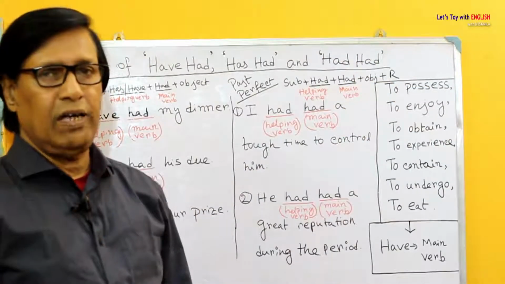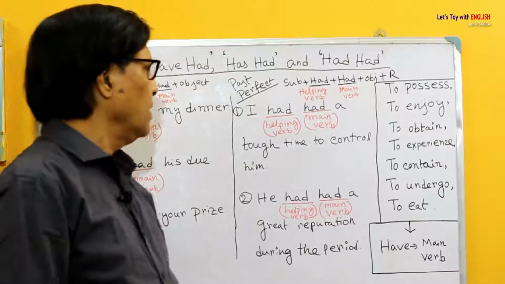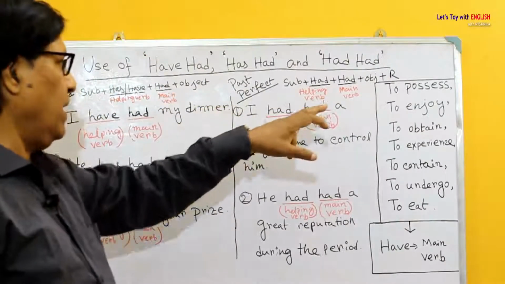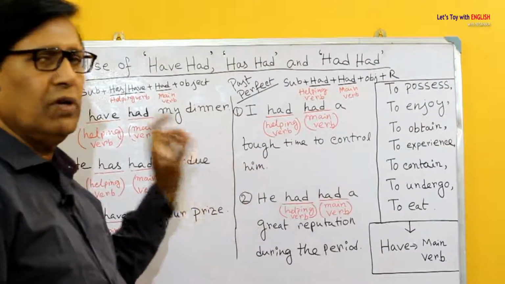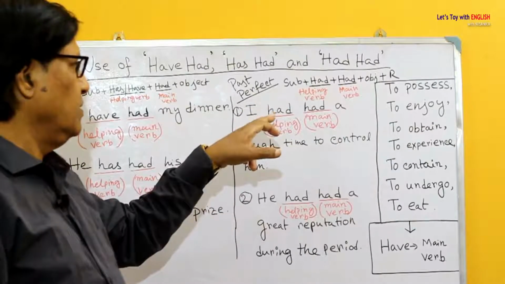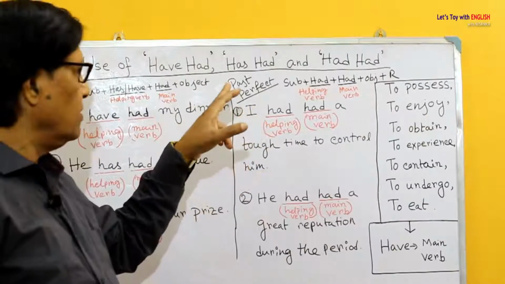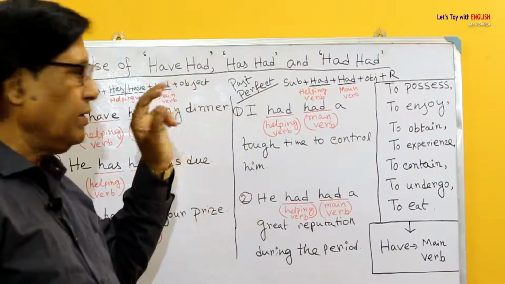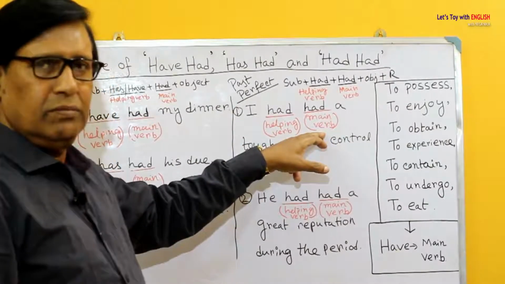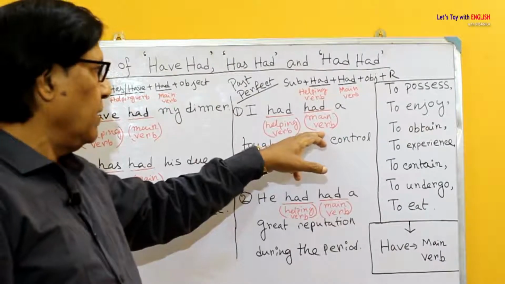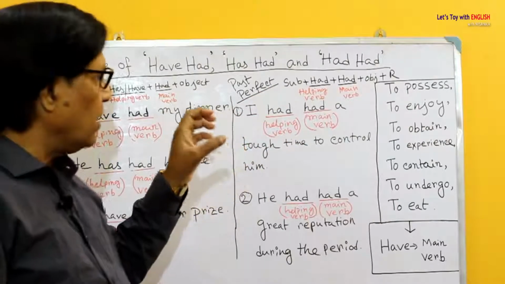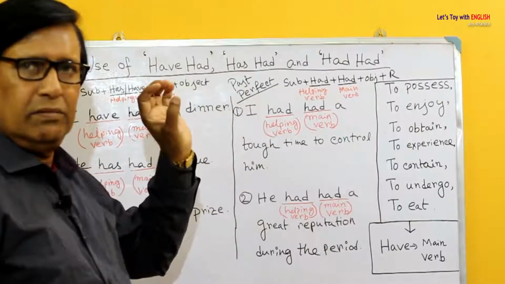Come to the second type of use of the verb to have. So here is the first example. I had had a tough time to control him. As usual, this had is denoting the tense it belongs to. Okay? And this had is the main verb, the principal verb. And this had means the work itself. What kind of work he had done.